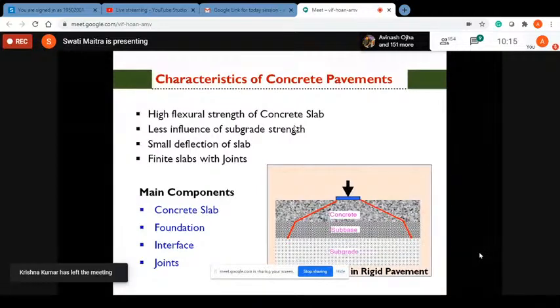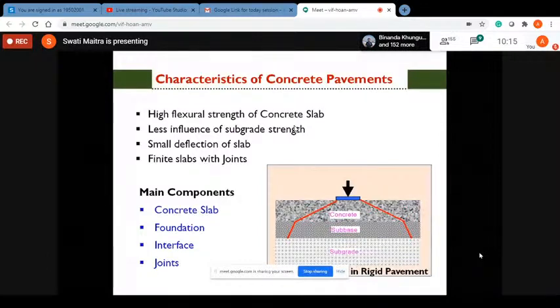In flexible pavement, which also consists of several layers, all the layers contribute in taking up the load. Whereas in concrete pavement, it is the top concrete layer that is responsible for taking up the major load.